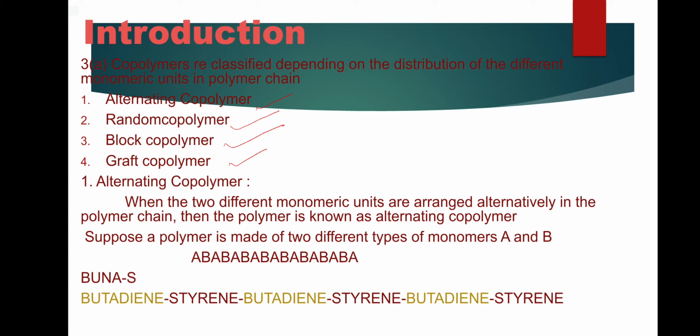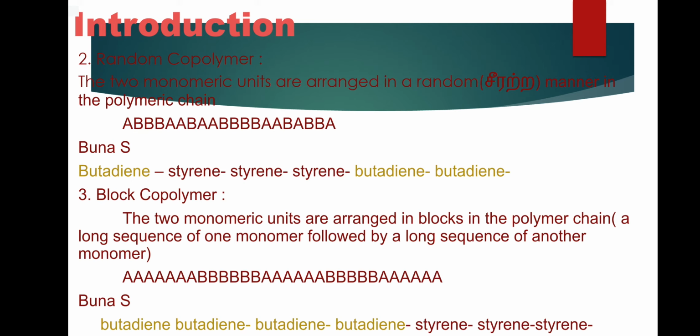When 2 different monomeric units are arranged alternately in the polymer chain, then we call it an alternating copolymer. See, now if 2 units A and B are arranged alternately as AB, AB, AB, that is alternate. If we take BuNaS, butadiene, styrene, butadiene, styrene. If it is like that, we call it alternating.